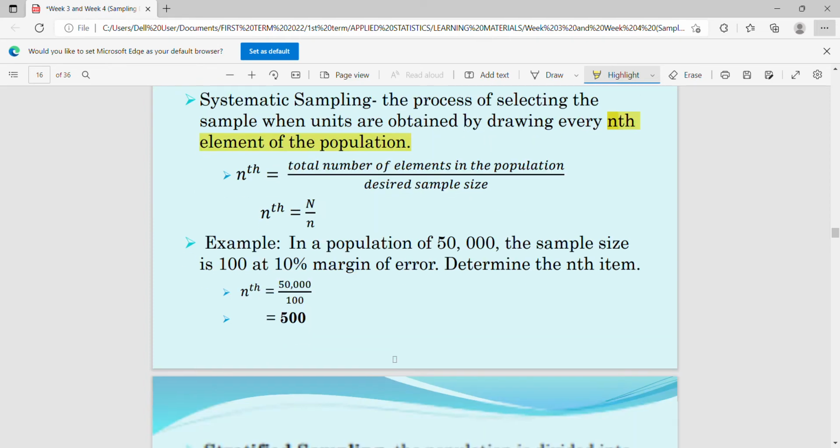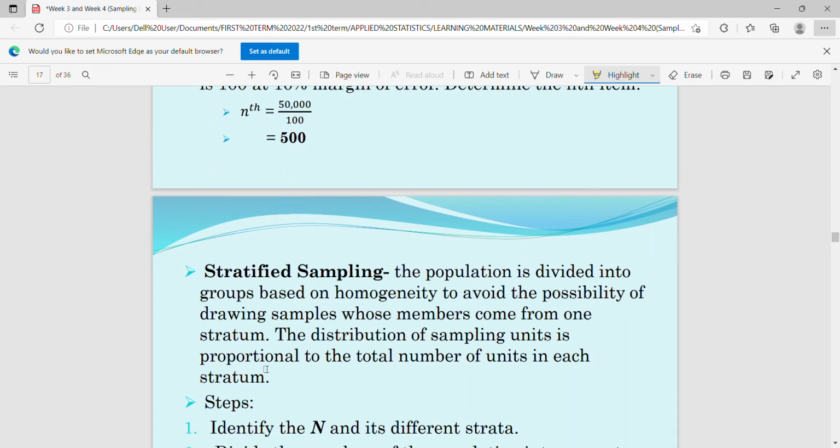Okay, so now we will proceed to the stratified sampling. The population is divided into groups based on homogeneity to avoid the possibility of drawing samples whose members come from one stratum. When you use this stratified sampling method, the population is divided into groups.